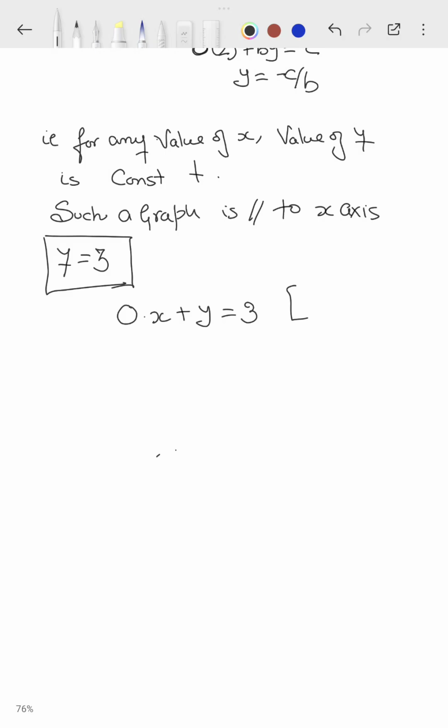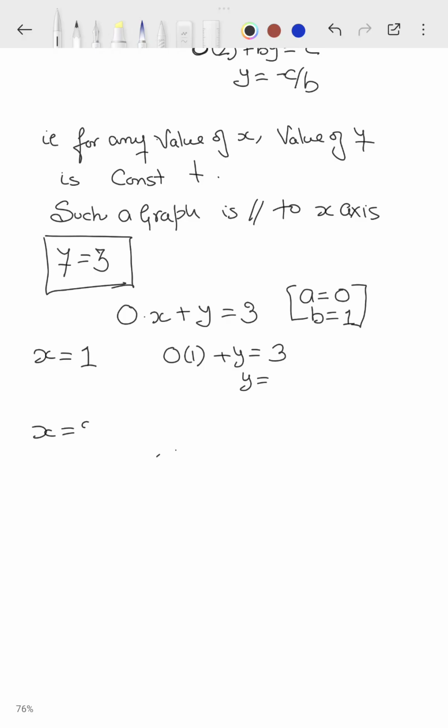Here we must note that the coefficient of x, that is a, is 0 and the coefficient of y is 1. Let's take x is equal to 1, so the equation transforms as 0 into 1 plus y is equal to 3, that is y is 3.